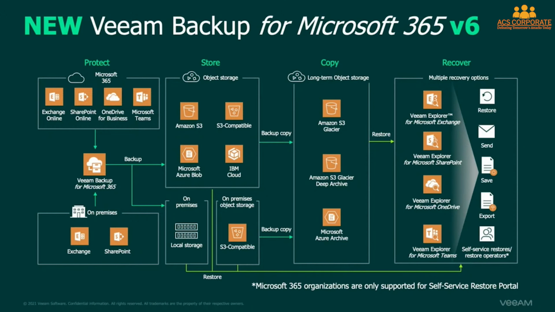From there, you're going to be able to store your backup data in object storage, or if you prefer, on-premises local storage. Now, if you decide you want to store your data in object storage, that's where you're going to be able to use that backup copy job to have that copy of backup data go into these supported long-term storages here: Amazon S3 Glacier, Glacier Deep Archive, and Microsoft Azure Archive.